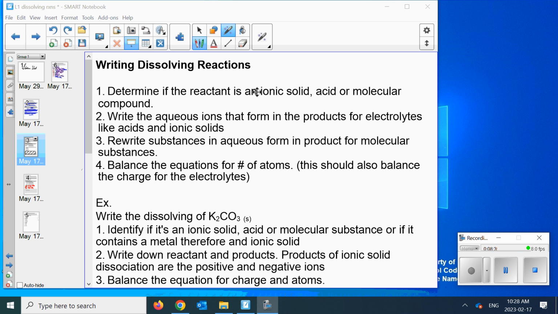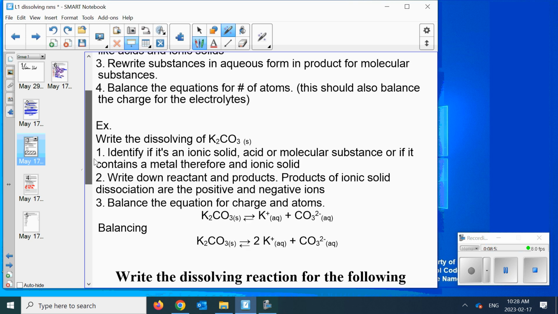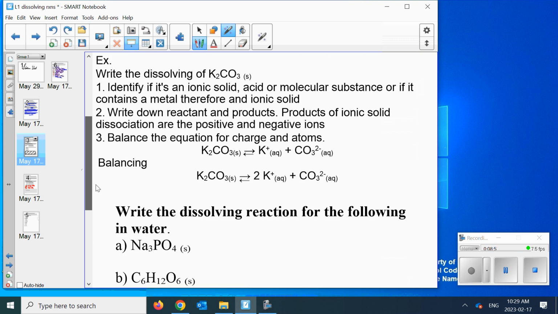Right now, that's a simple definition. And then, if it's ionic or an acid, you're going to write out the aqueous ions that form. For a molecular substance, just rewrite it in aqueous form and put AQ, balance if needed.